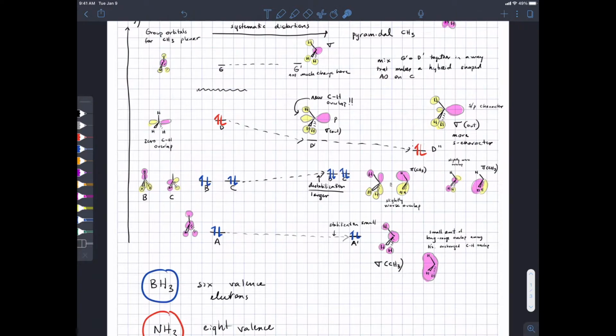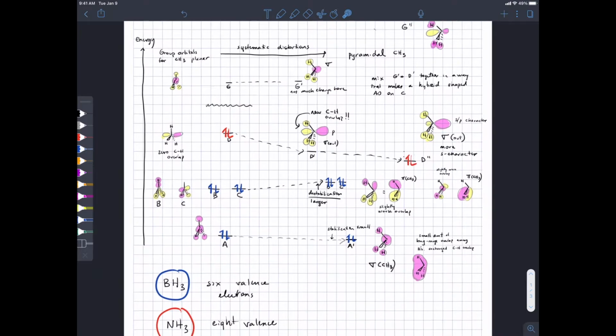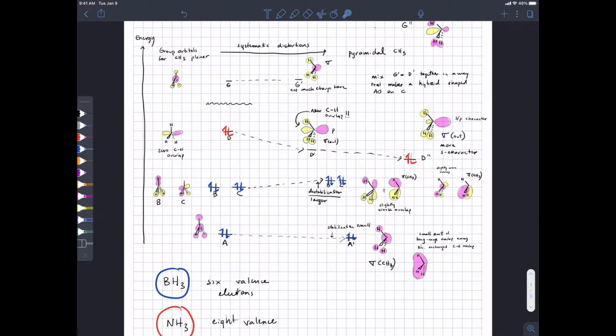So I kind of want to hop back and forth between here and Gaussian, but it's not as convenient to do. So later today, we're going to take these 4 orbitals from pyramidal CH3, and we're going to combine them together to make ethane.